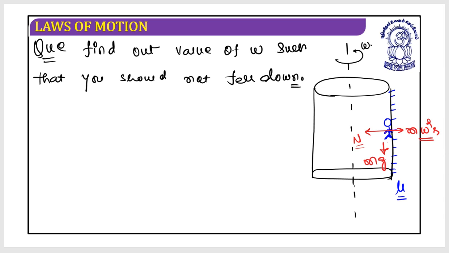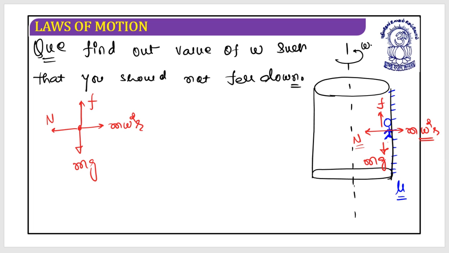And if you are about to fall out, who will save you? It's the friction force, acting in the upward direction. So if I make your free body diagram, it would be something like this: mg, this is friction, this is N, and this is m omega square r.